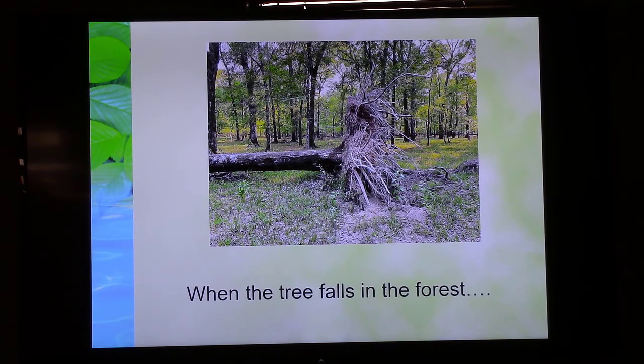When it fell over, how deep a hole did it leave? Maybe 2 feet. It's wide, but it's not deep. That tree did not have a deep supporting root system that it needed on that day.